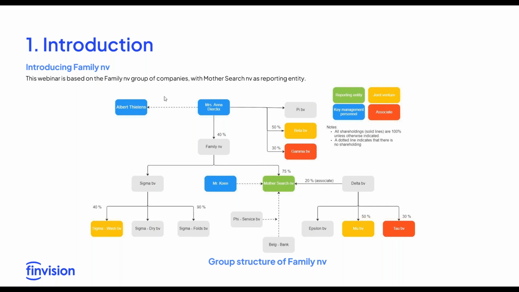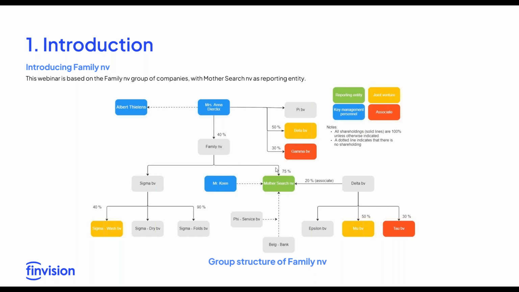Adding to that, Family NV is the head of the group, which has 2 key management personnel, Albert Tillens and Mrs. Anna Dirks, and then Mr. Koen is key management of Mother Search NV. Mrs. Anna Dirks also has a number of investments in other entities, being fully owned, joint ventures or associates.